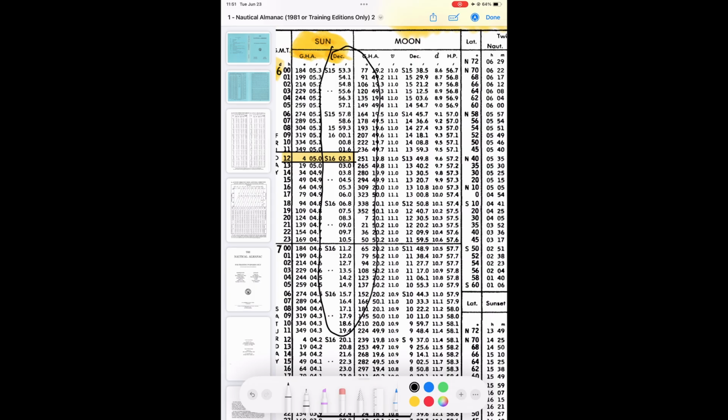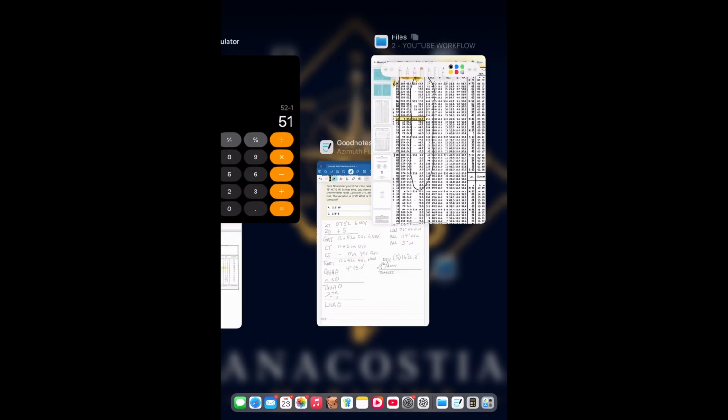Are these numbers here increasing or decreasing? In this instance, we have 2.3, 3.0, 3.8, 4.5. It's increasing. So we would then know our correction is going to be added. So let's put a plus sign here.